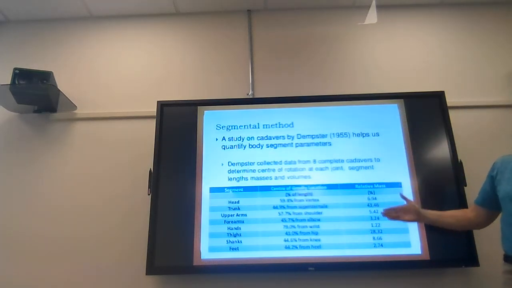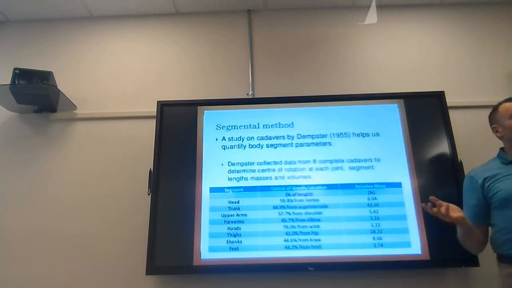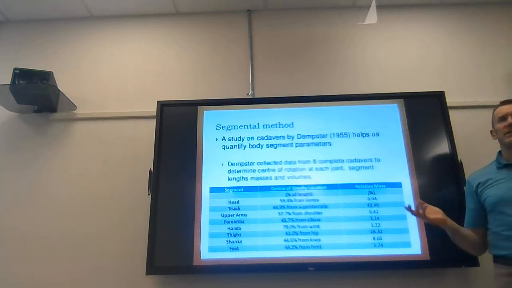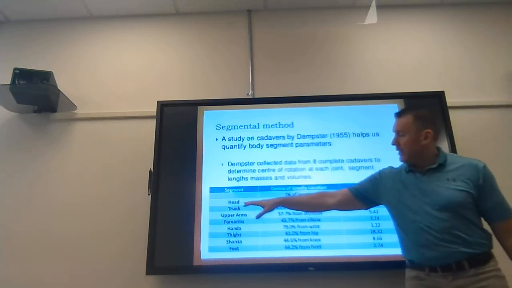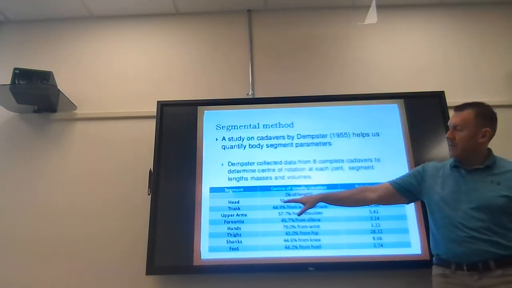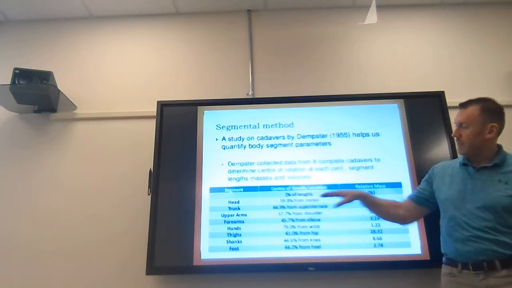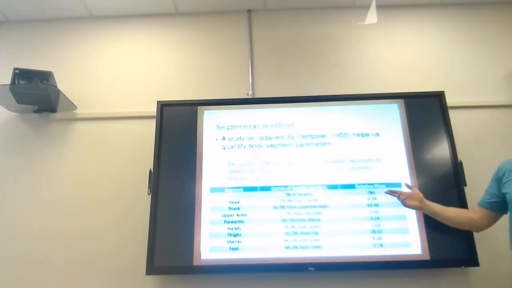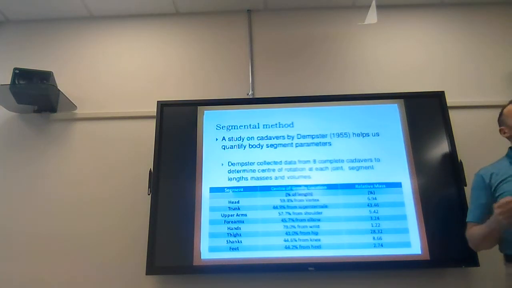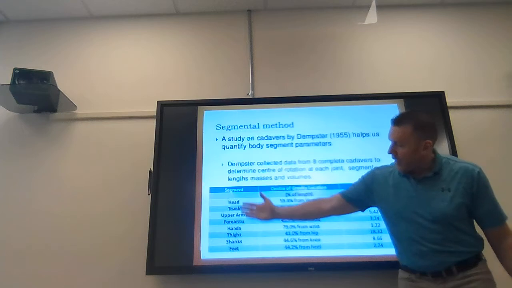If you add this column up, it's going to equal 100% of mass. So the head, the center of gravity is located almost 60% from the vertex. That's the top of the head. And the head makes up almost 70% of your mass. And so you can see other parts here.